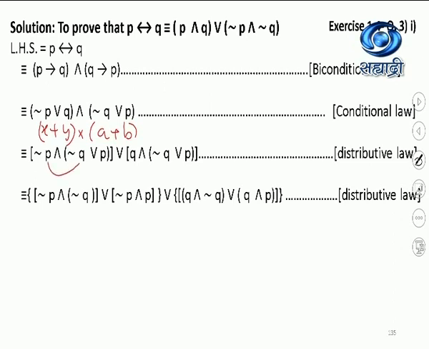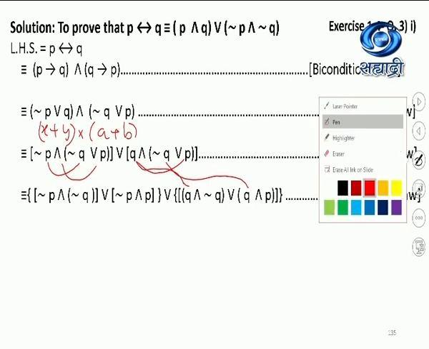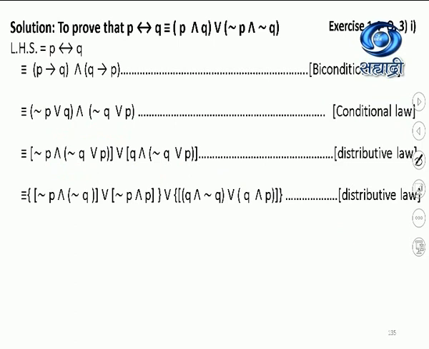I take negation P and Q or negation P and P. I do the same thing here in the second bracket, Q and negation Q or Q and P. Okay, I'll remove the notations here.